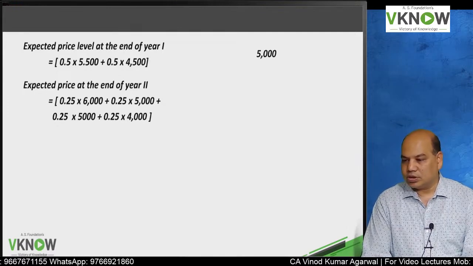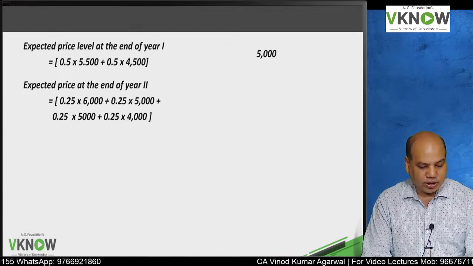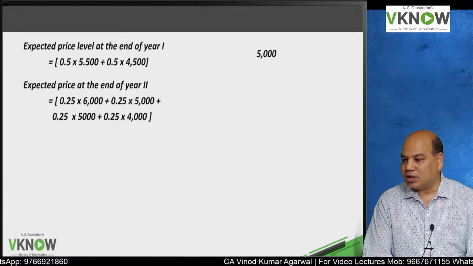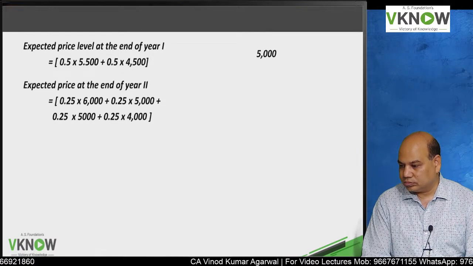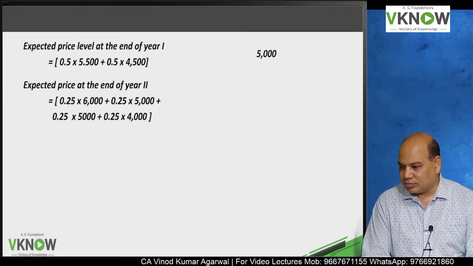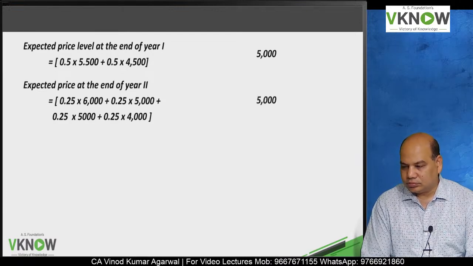The answer is how much? Anybody? If you don't reply, I will not be able to move ahead. What is the expected price level at the end of year 2? Just check, is it 5,000?